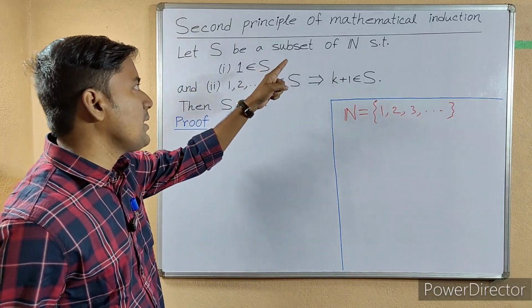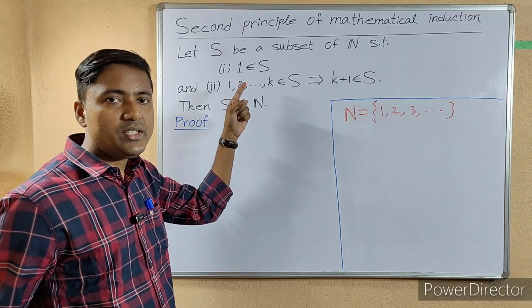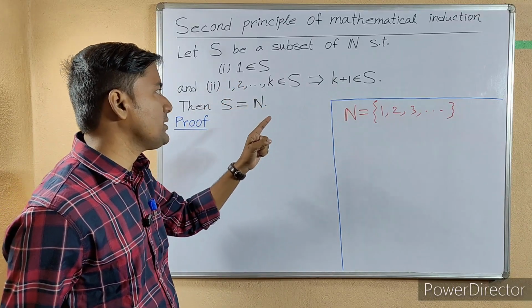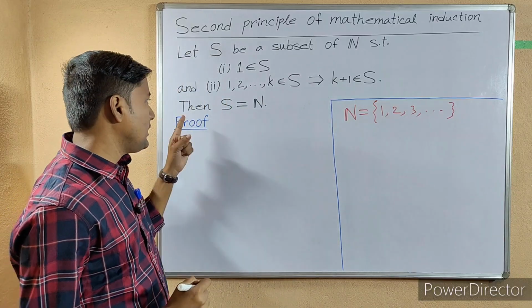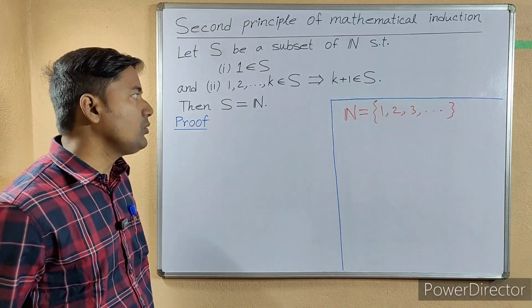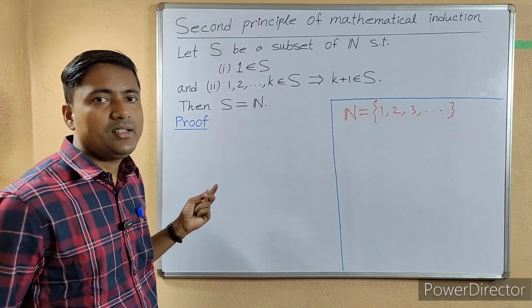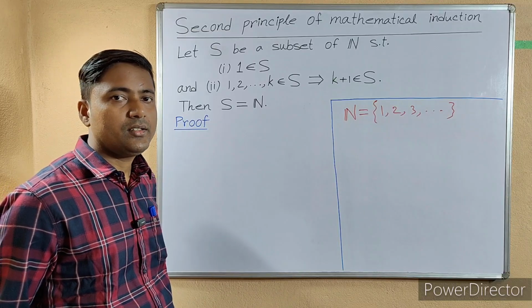Let S be a subset of N such that 1 belongs to S, and 1, 2, ..., k belongs to S implies k plus 1 belongs to S. Then S is equal to N. This is the second principle of mathematical induction.